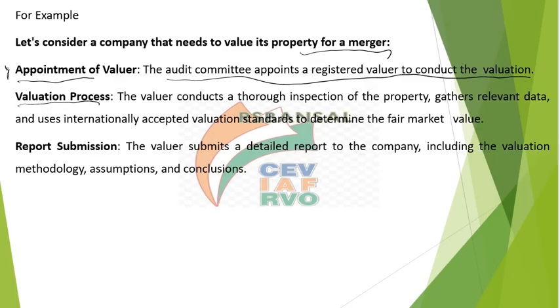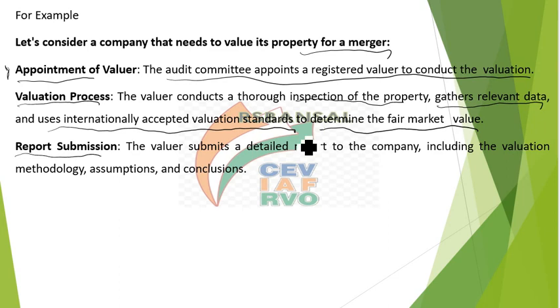The valuer carries out a thorough inspection of the property, gathers relevant data and uses internationally accepted valuation standards to determine the fair market value. And then he will submit a report. That valuer will submit a detailed report to the company, including the valuation methodology, assumptions and conclusions.